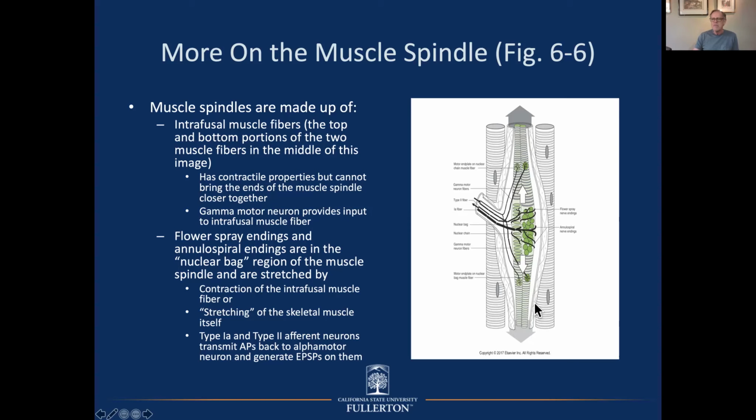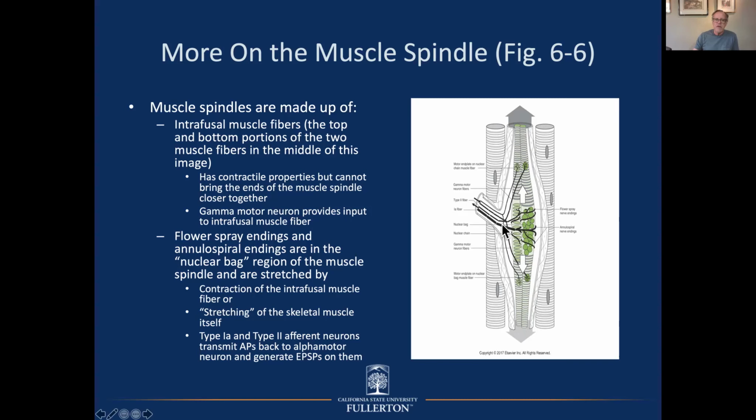Does that make sense? This is attached to the extrafusal muscle fiber up here. This is attached down here. And so when you contract, you can't bring this end closer to that end. So what's going to happen? The middle part, which does not have contractile properties or capacity, will get stretched. You contract an intrafusal muscle fiber on both ends, you're going to stretch the middle part.